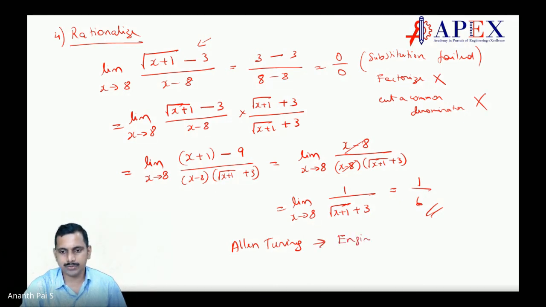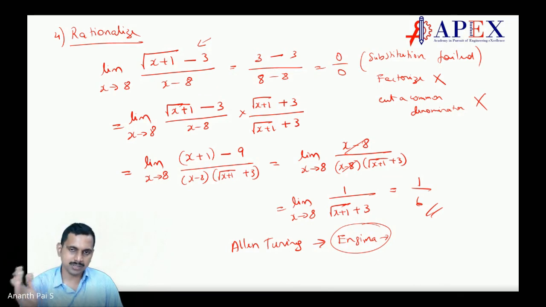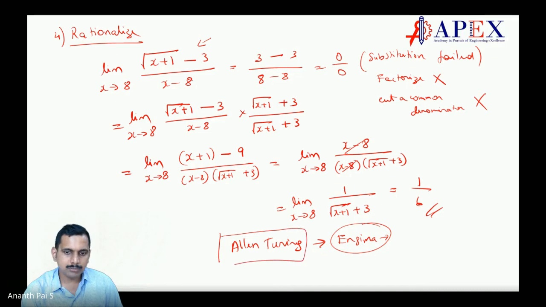The Enigma machine was sending military messages across to the Germans, and it was very important for the British to decode it. To decode the Enigma machine, Alan Turing built his own computer. It was very big, in the 1940s.